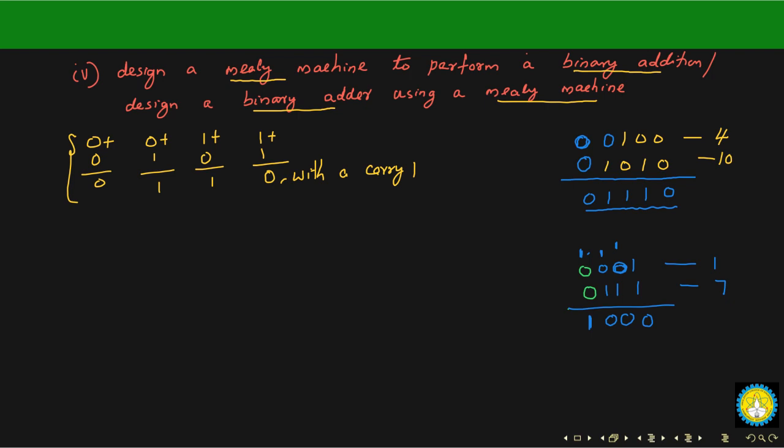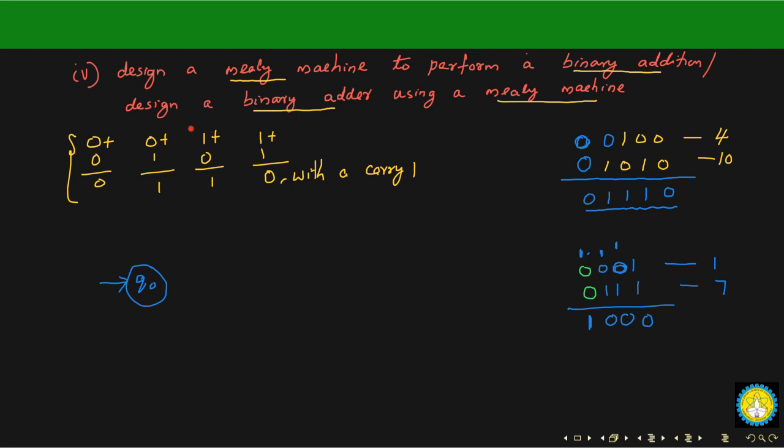Okay, so let's start at Q0. Now from Q0, I'm going to write the transitions where carry is not applicable. That means I'm going to write this case: 0, 0 generates a 0, 0, 1 generates 1, 1, 0 generates 1. This peculiar case 1, 1 is going to have a carry, so I'm not going to write that in my Q0.